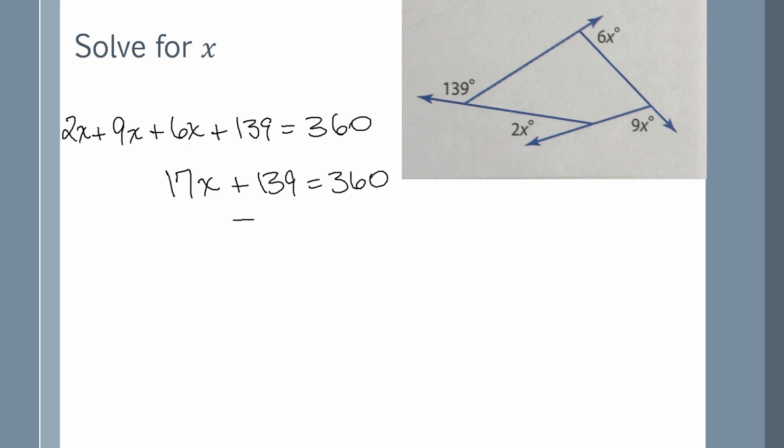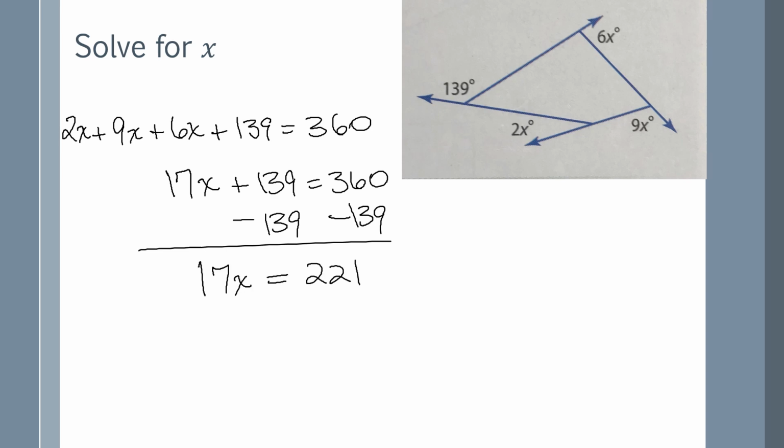So I'm going to subtract 139 from each side. And 360 minus 139 is 221. So 17x equals 221. Now I divide each side by 17. And I get x is equal to 13.